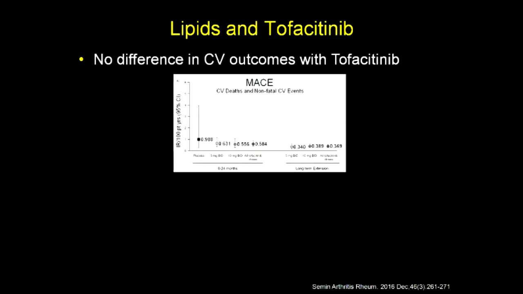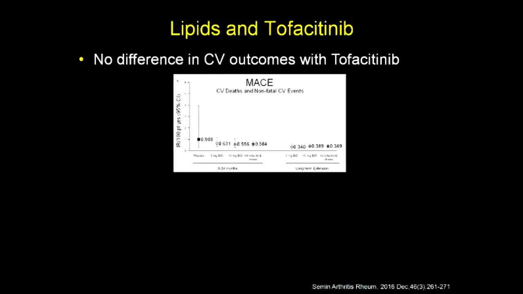Importantly, we don't really know if this increase in lipids from tofacitinib changes cardiovascular outcomes. This is from a study looking at major adverse cardiovascular outcomes. Placebo is on the far left, and then 5, 10, and all tofacitinib doses at an early time point within the first couple of years, and then a longer time point after multiple years.